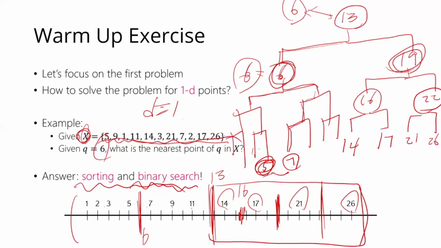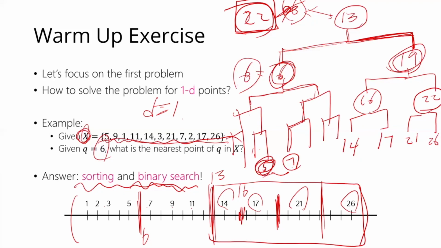To give you another example, instead of 16, let's think about 22. Now 22 is the query point. Is it bigger than 13 or smaller than 13? It's bigger than 13. So we're going to go to the right-hand side of the binary tree. Is 22 bigger than, well, why did I choose 22?